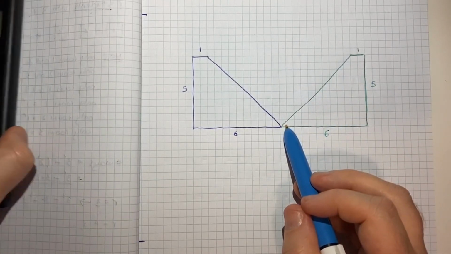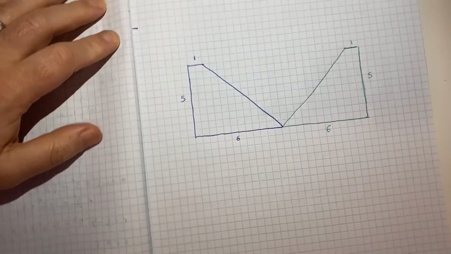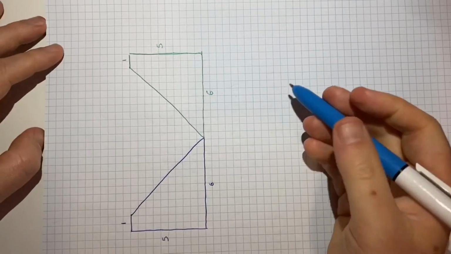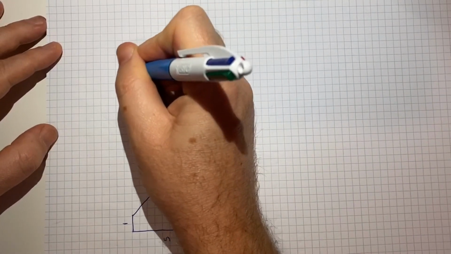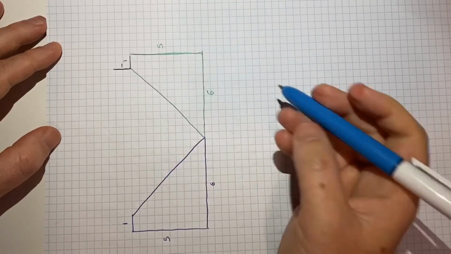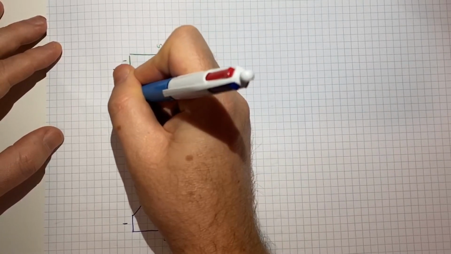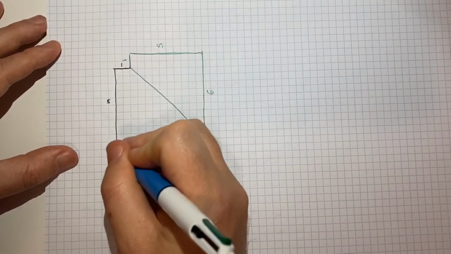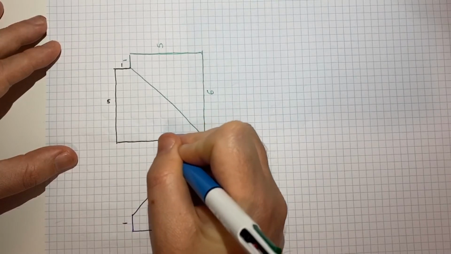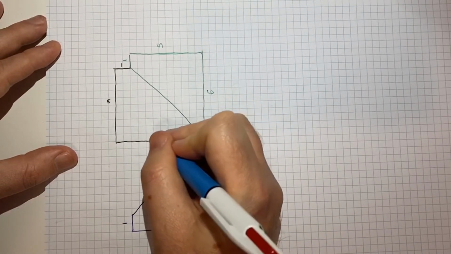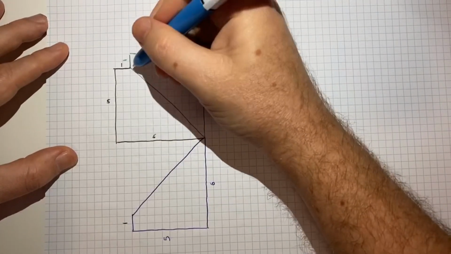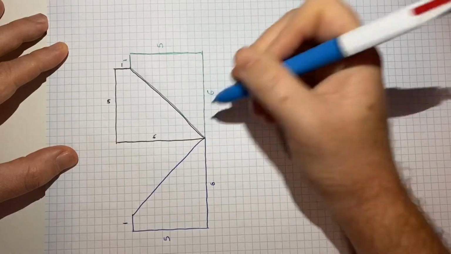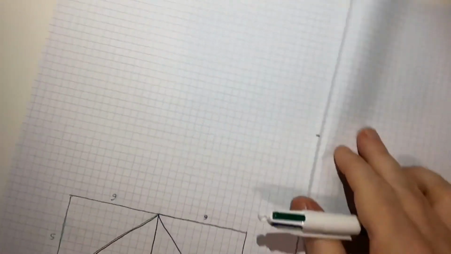Now maybe I'll turn the book around, and then in another color again, I'll draw yet another mirror image. So we'll come out here by a length of 1, then we'll come down, and that's a length of 5, and then we'll come across, and that's a length of 6, and obviously we've got this same diagonal over here. Then I'll turn my book around one more time.